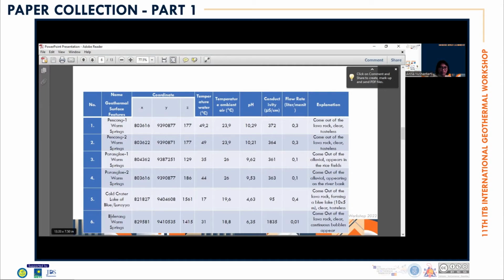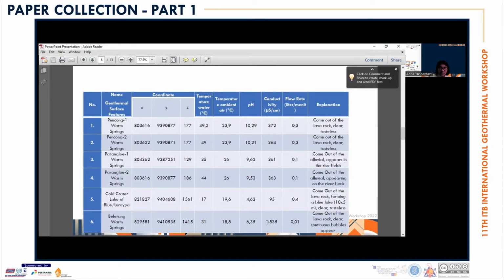Whereas for the Batu Belerang warm spring, the temperature is only 31 degrees Celsius, but the air temperature is 18 degrees Celsius. So there is a difference of about 10 degrees Celsius between the water temperature of the warm spring and the air temperature.